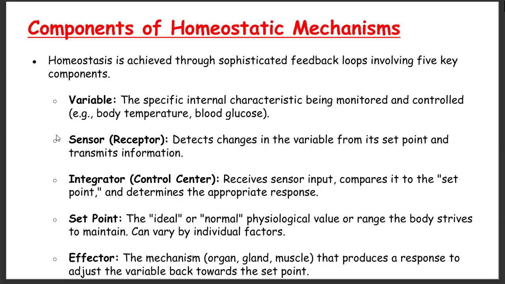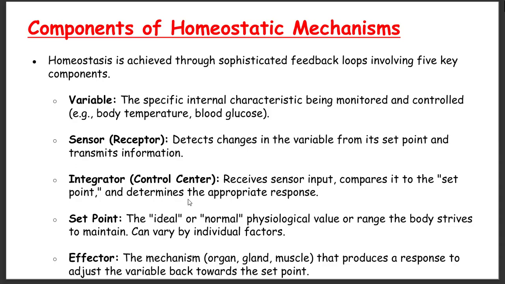So what is this receptor going to do? It is the one which will be detecting all the changes in the variable that we've talked about. When it detects that fluctuation, or the change in that variable, it is going to send the information to the control center, which is what we are calling the integrator.